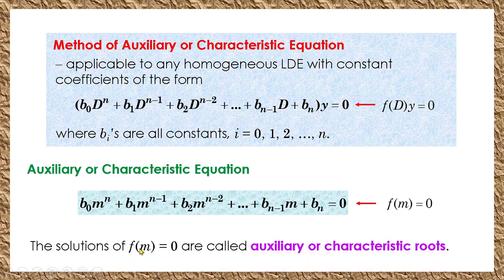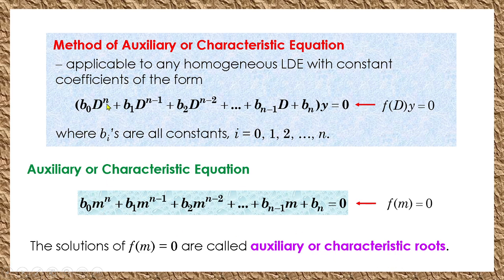The solutions of f of m equal to 0 are called auxiliary or characteristic roots. If you solve this and get roots, they are called auxiliary or characteristic roots. The number of roots depends on the exponent of m or the order of the LDE.